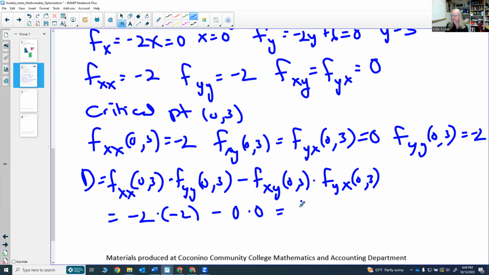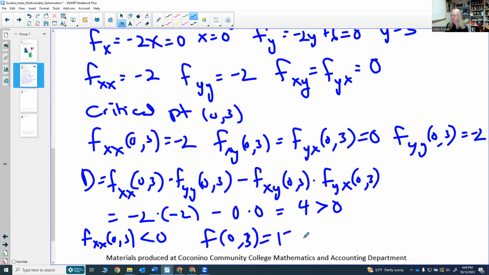That's equal to 4. 4 is greater than 0. So f(0,3) is either a local minimum or a local maximum. The sign of f sub xx at (0,3) is less than 0. So then f(0,3) equal to 12 is a local maximum.